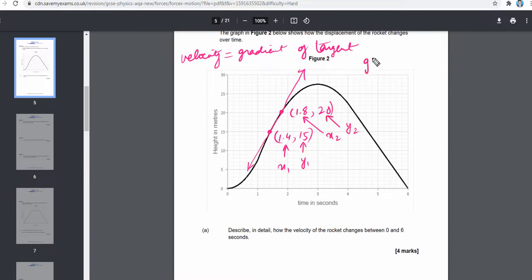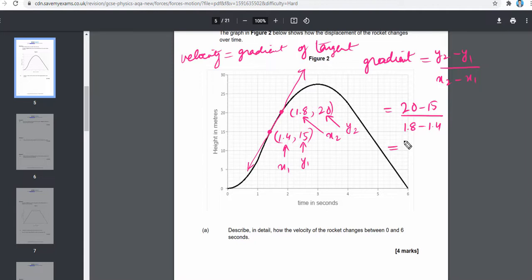So my gradient will become equal to y2 minus y1 divided by x2 minus x1. So it will be 20 minus 15 divided by 1.8 minus 1.4.